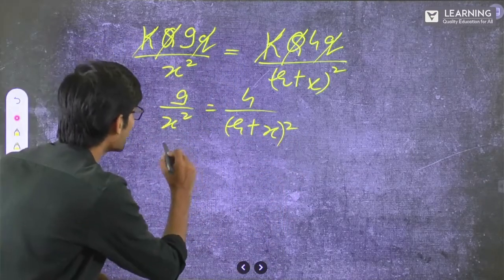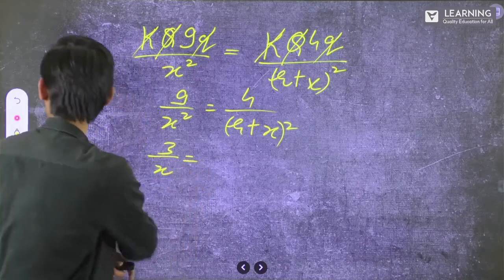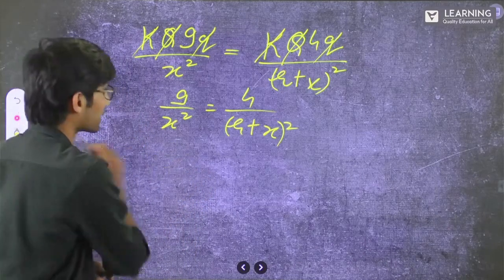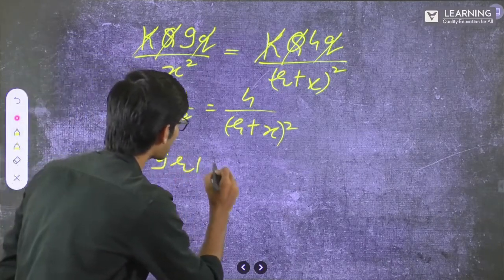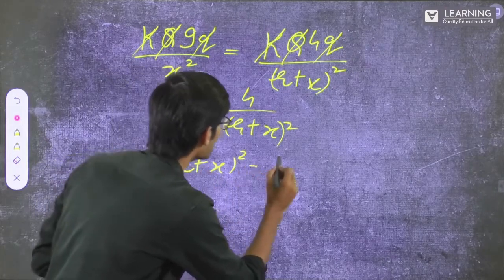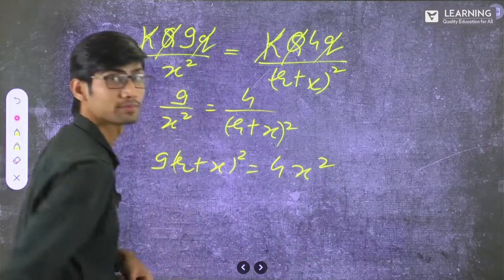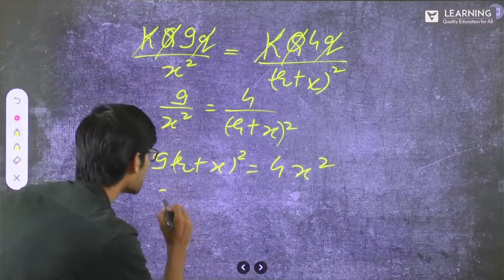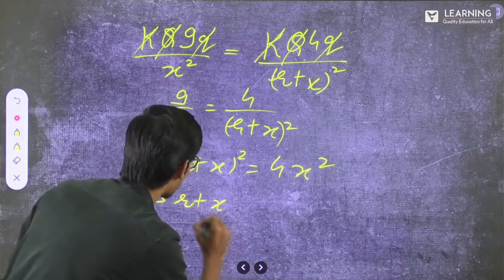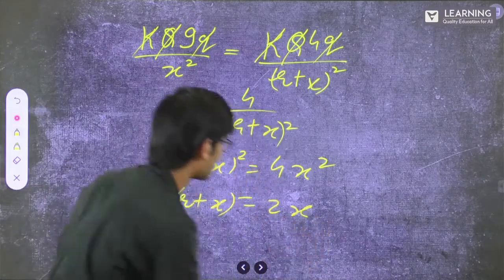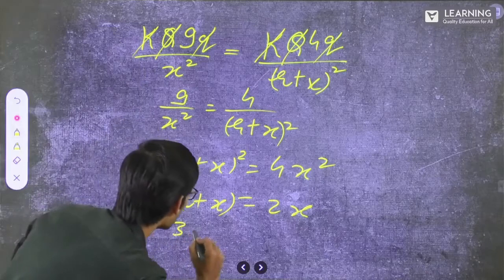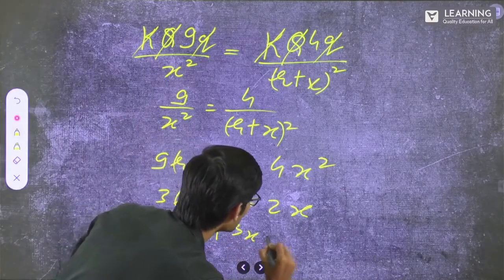Square root both the sides, 3 by x is equal to, or let's first cross multiply. 9 into (r plus x) whole square is equal to 4x square. Square root: 3 into (r plus x) is equal to 2x. 3r plus 3x is equal to 2x.